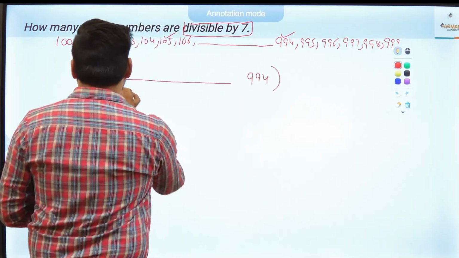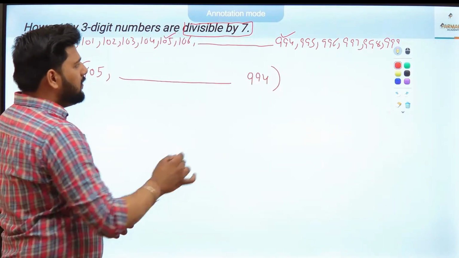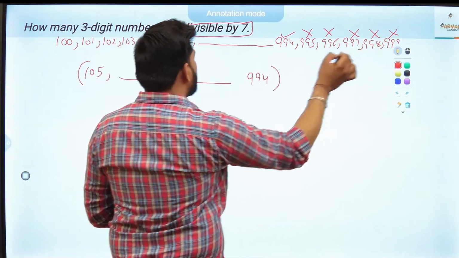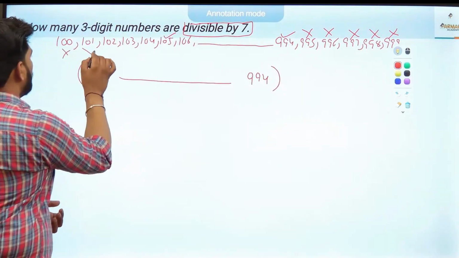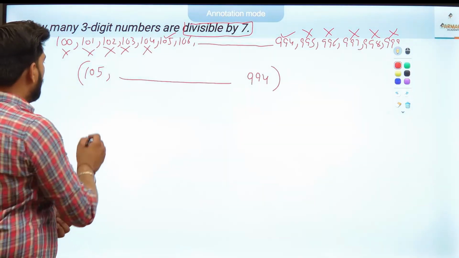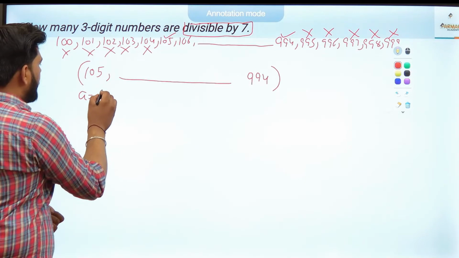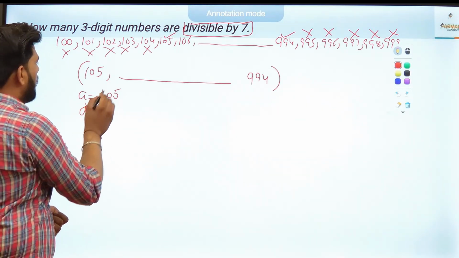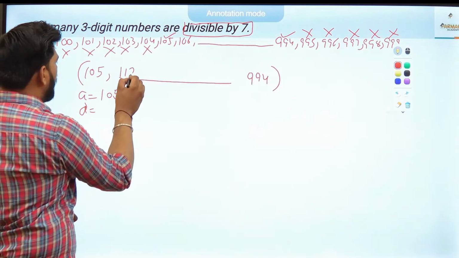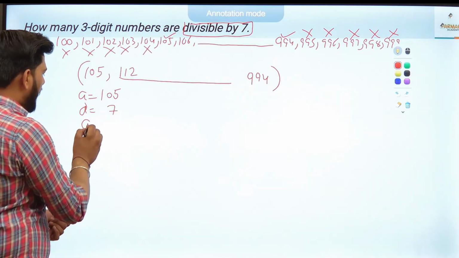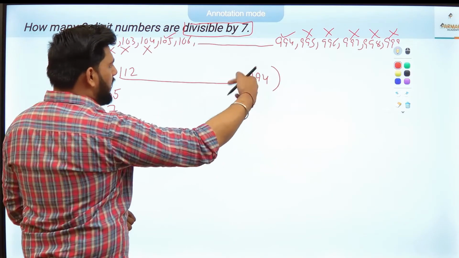So this is the AP. So what is given? A, that is first term 105. The difference, because the next term is 112, so difference is 7.